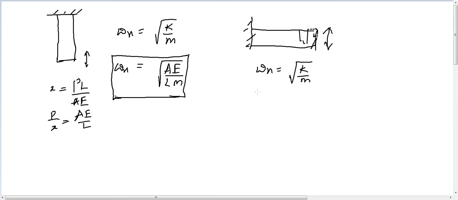in this case the stiffness can be obtained as follows. We know the deflection x in this case can be written as PL cube by 3EI. This we would have studied in strength of materials. So load per deflection, P by x, can be written as 3EI by L cube.